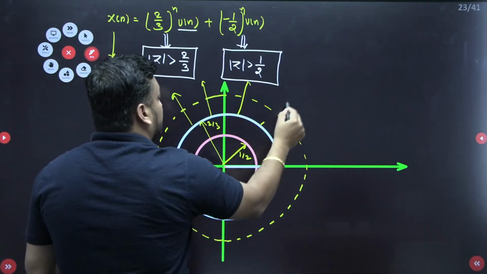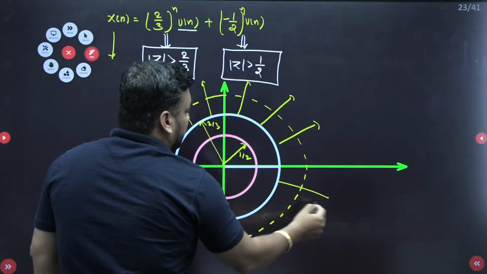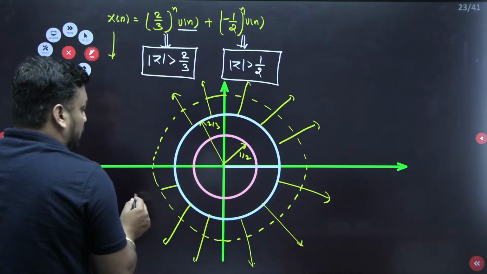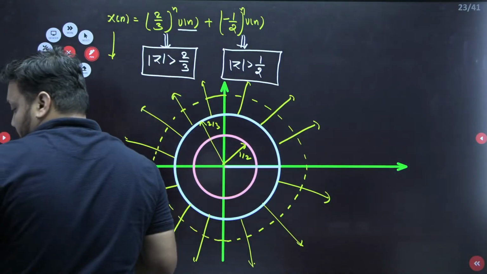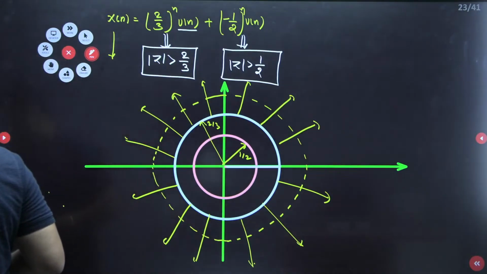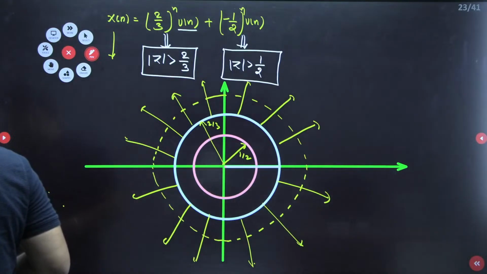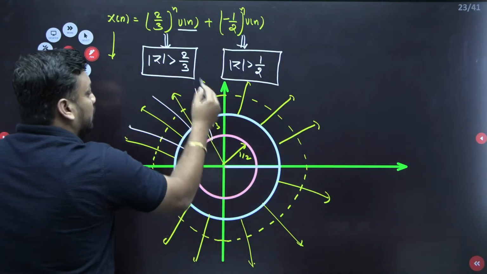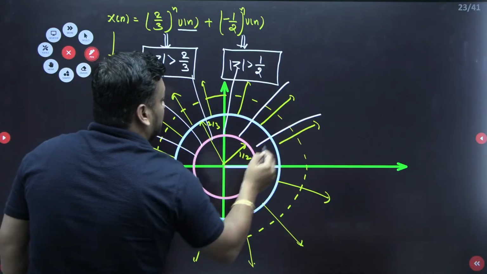Both the ROCs are right sided. It means outside it. It means the common ROC will contain the region to the right, to the rightmost. So here this ROC is also right sided, outside.